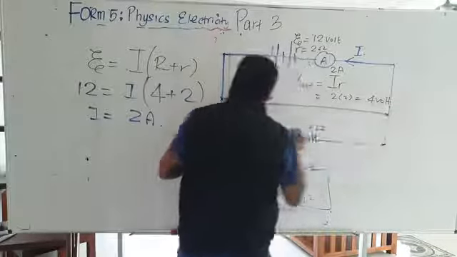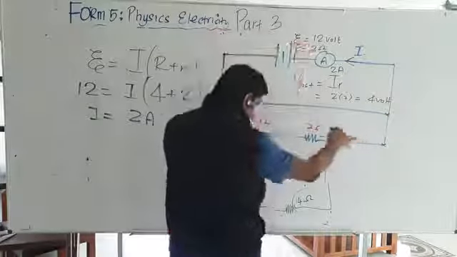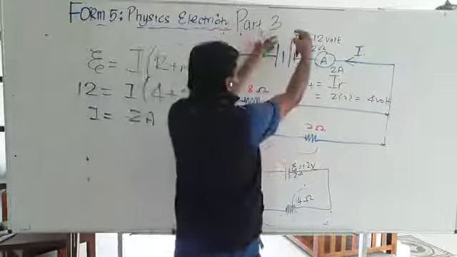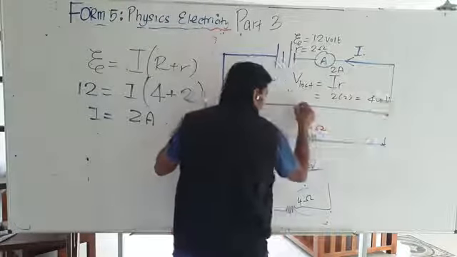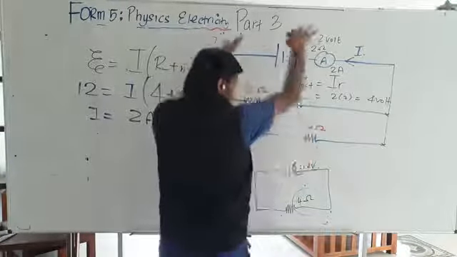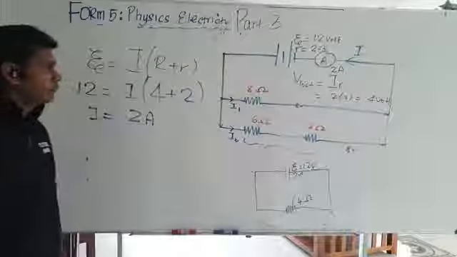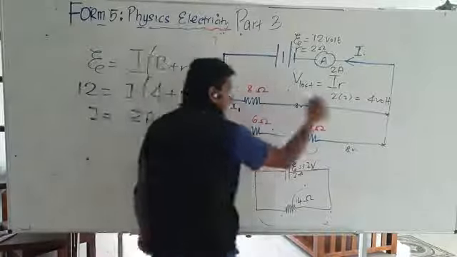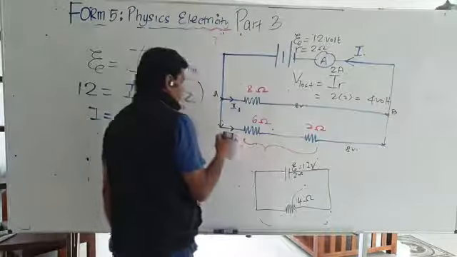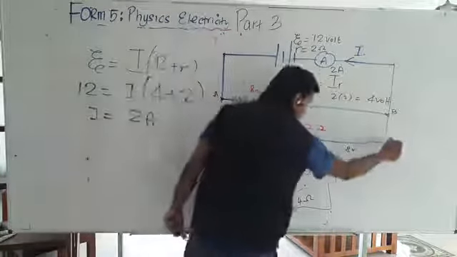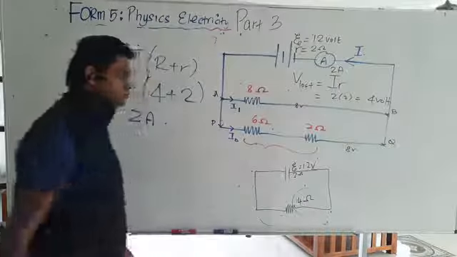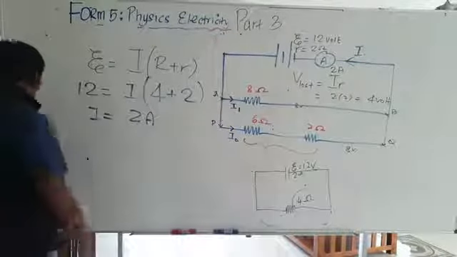Every branch which is parallel must receive the same amount, which means the balance 8, here to here 8 volt will be supplied. That means A to B, AB will have 8 volt. PQ will also have 8 volt. Are you following me? You okay with that?